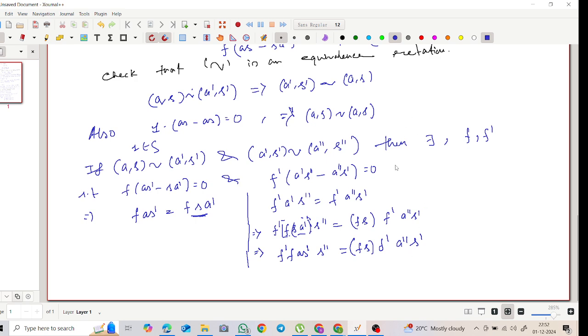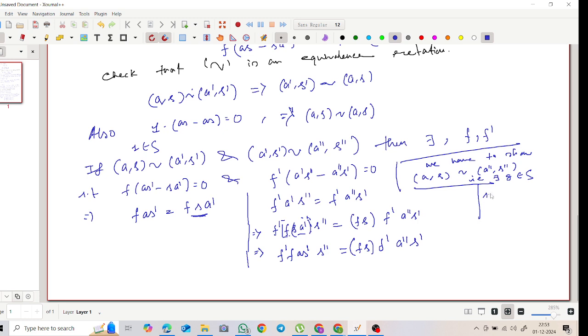So see, what do we have to show? We have to show that (a, s) is related to (a'', s''), right? That is, there exists g belonging to S such that g times (a s'') is equal to g times (a'' s), right?